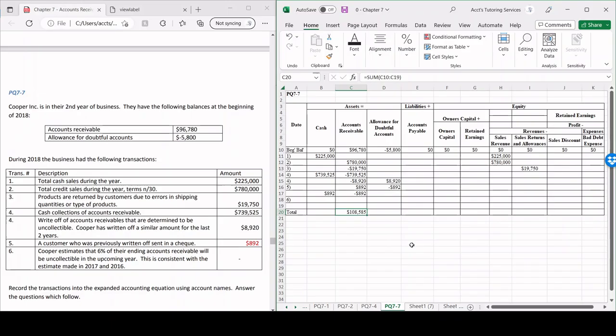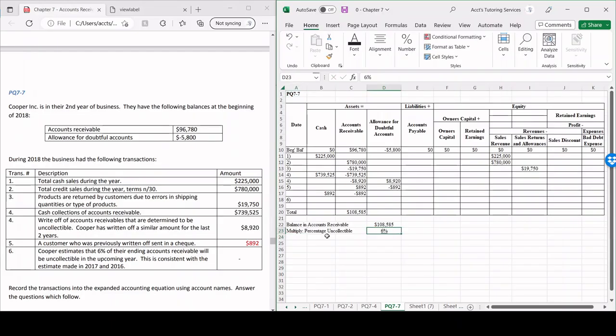Now to calculate the ending balance in allowance for doubtful accounts, we're going to first type out the balance in accounts receivable, which we know is 108,585. We're going to multiply this by the percentage uncollectible, which we know is 6% or 0.06.